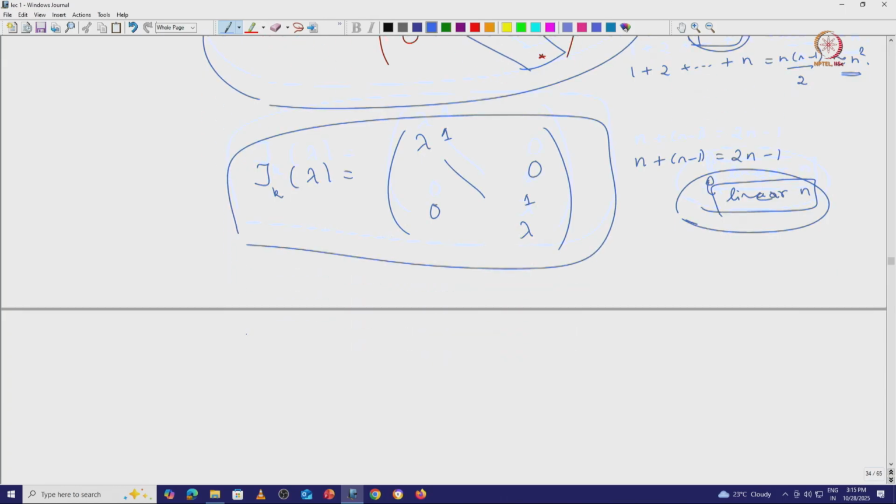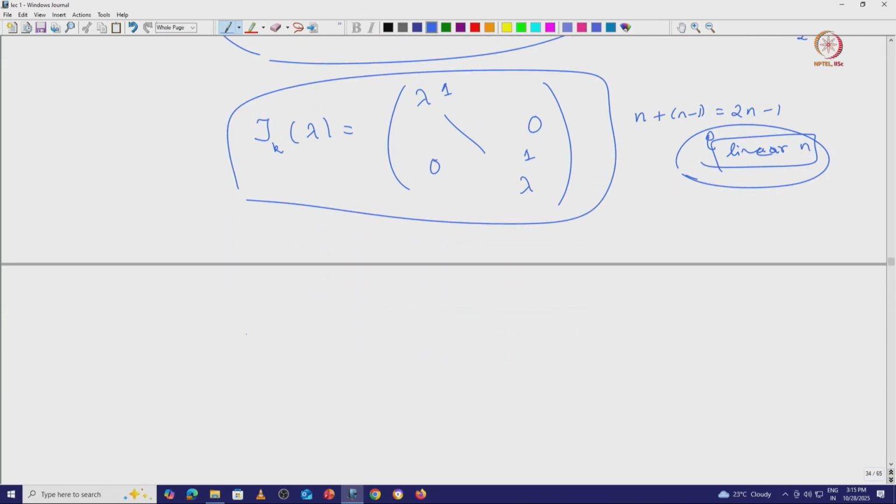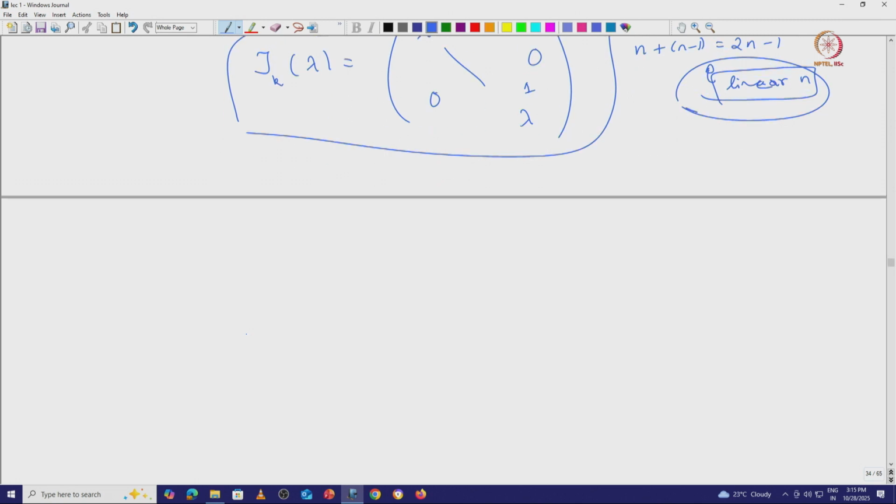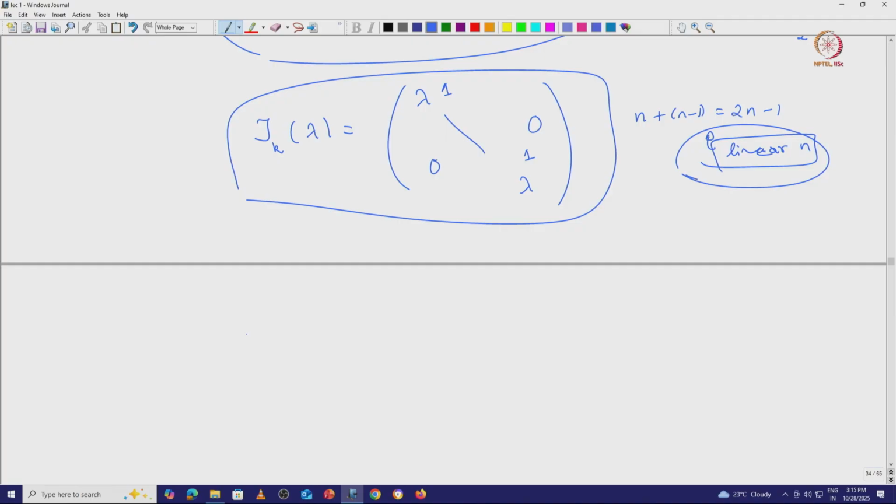So, you conjugate your given matrix to the Jordan form, which consists of Jordan blocks. Then you can see that the number of non-zero entries in that Jordan form will be at most linear in n.